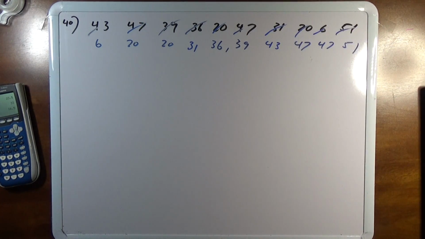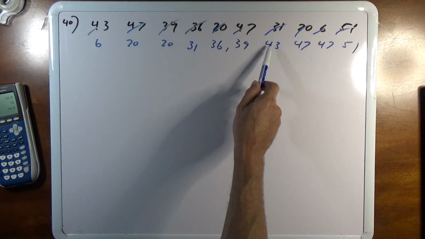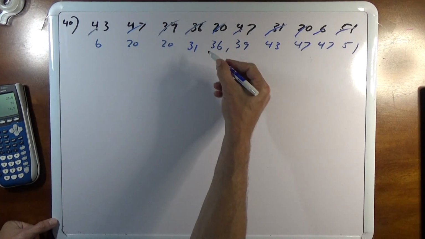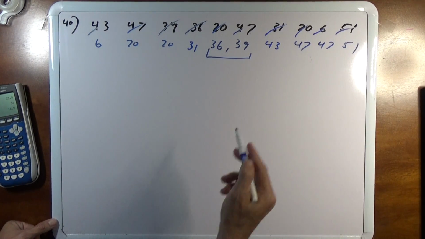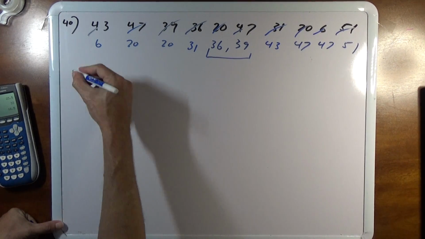Okay, so how many data points do we have? Is it even or odd? 1, 2, 3, 4, 5, 6, 7, 8, 9, there's 10. So I have to average the 2 in the middle to get my median, which is 37 and a half.